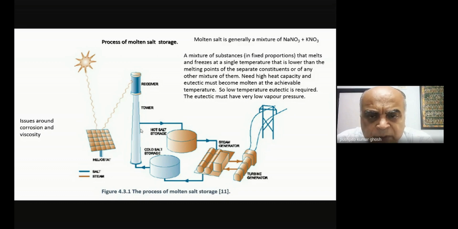So what people found is that if you take molten salts, there are certain salt mixtures. Like if I take a mixture of sodium nitrate and potassium nitrate, these tend to form a eutectic, and so effectively it lowers the melting temperature of the resultant composition.